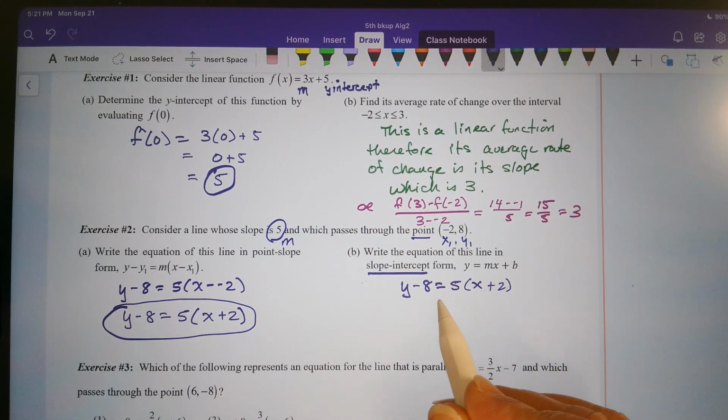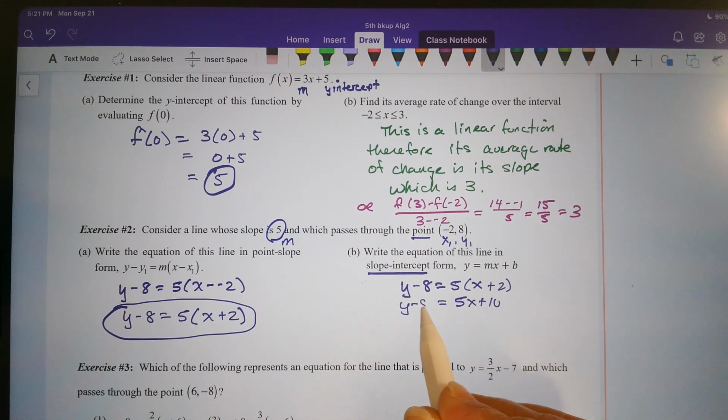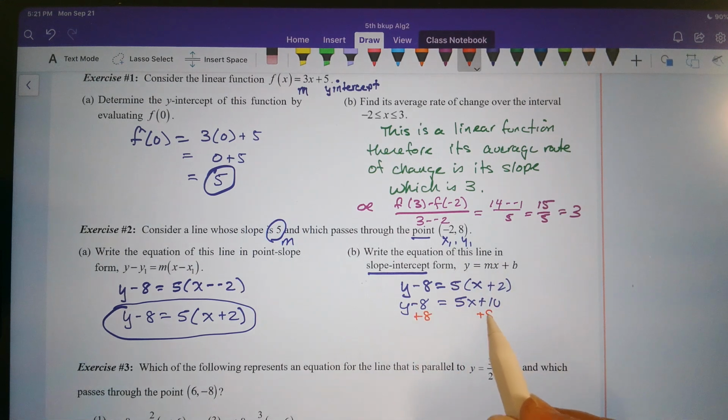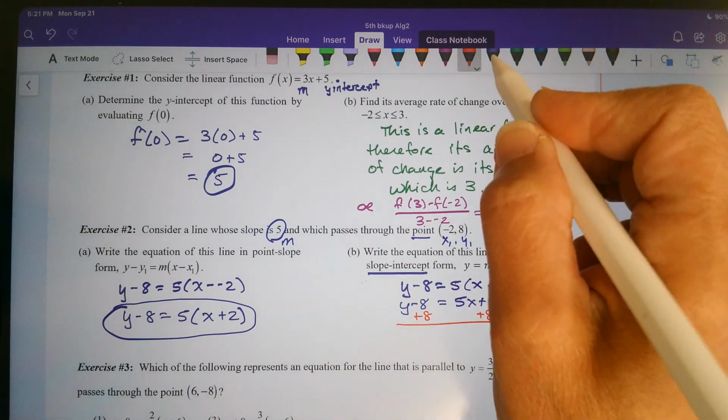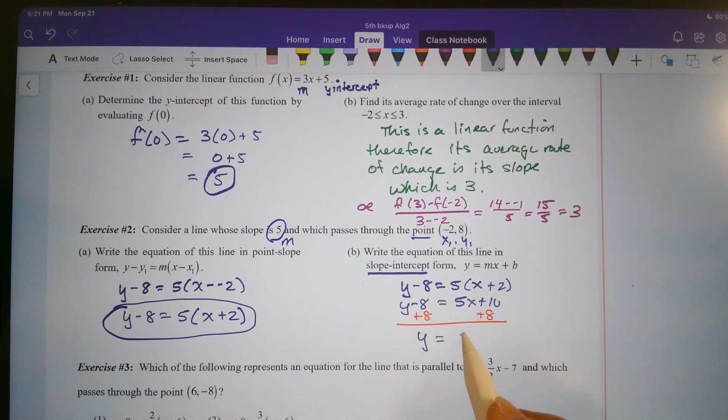So let's distribute: 5x plus 10. And now add 8 to both sides. y equals 5x plus 18. And there we have our slope-intercept form. Slope of 5, y-intercept of 18.